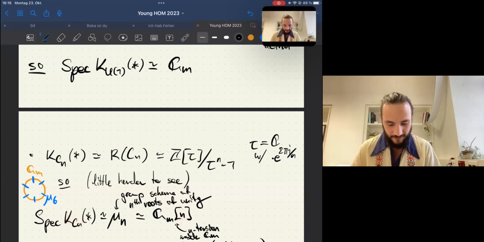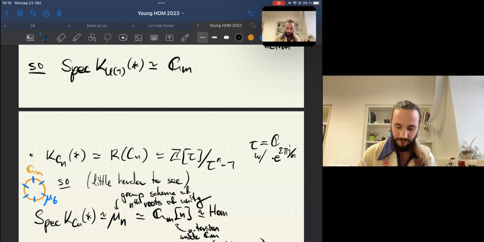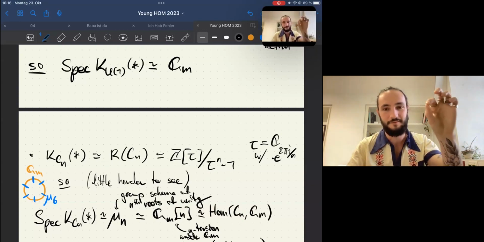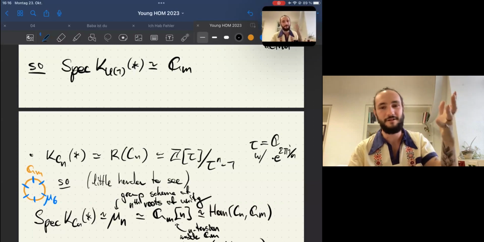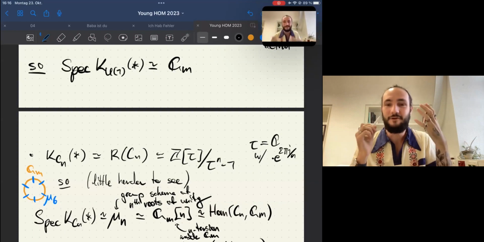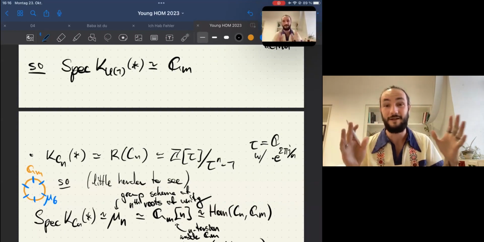One way we can do this is to realize that the n torsion of a group scheme is the same as the homomorphism group scheme from Cn into that group scheme. If you want to pick out an n torsion point, you could also just look at a homomorphism from Cn into your group scheme. I'm saying the word scheme a lot, but if you remove it, this is pretty clear in the category of abelian groups.